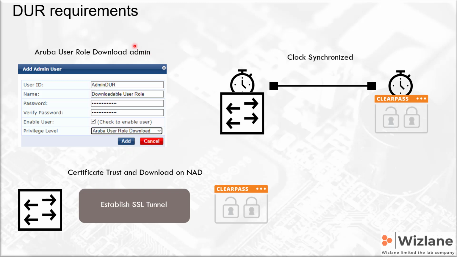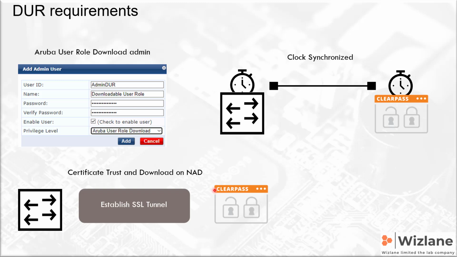On ClearPass, you will have to create what's called an Aruba user role privileged admin, and that will be used on the switch. Of course, once you go to the configuration details, you will notice that an admin account needs to be used here. Plus, you need to make sure that there's a trust relationship between the switch and ClearPass, because the device will use an SSL tunnel using the certificate on ClearPass itself.